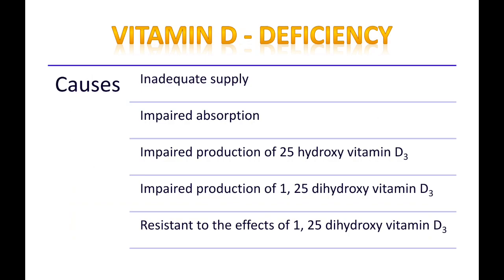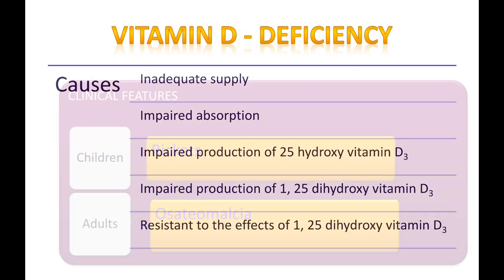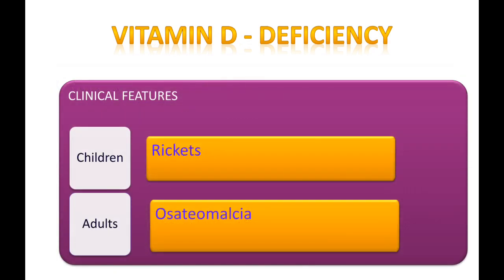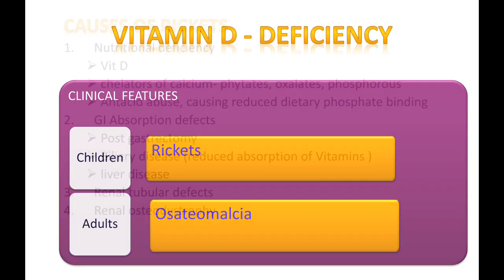Then resistance to the effect of 1,25 dihydroxy vitamin D3. Vitamin D deficiency leads to rickets in children and osteomalacia in adults.